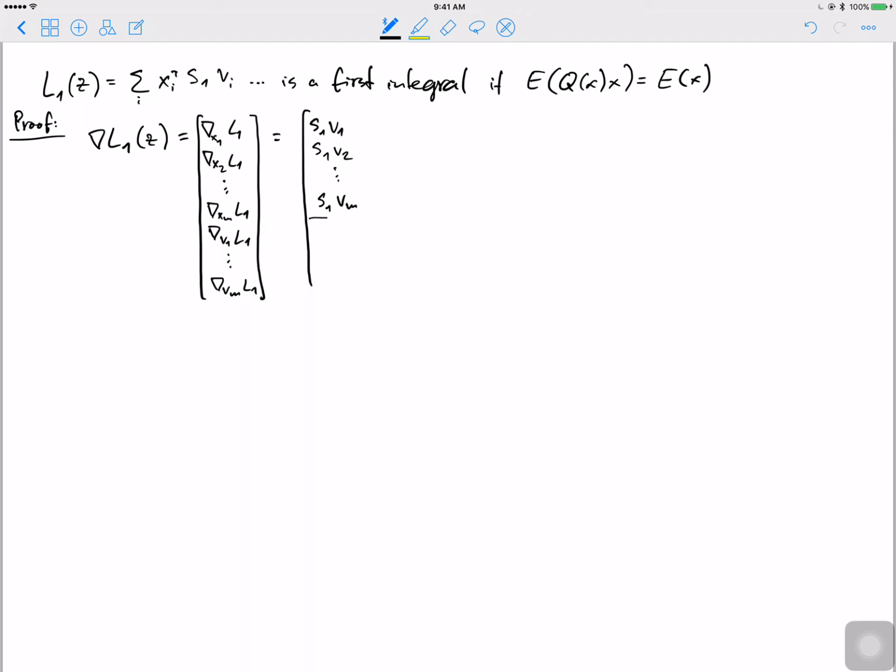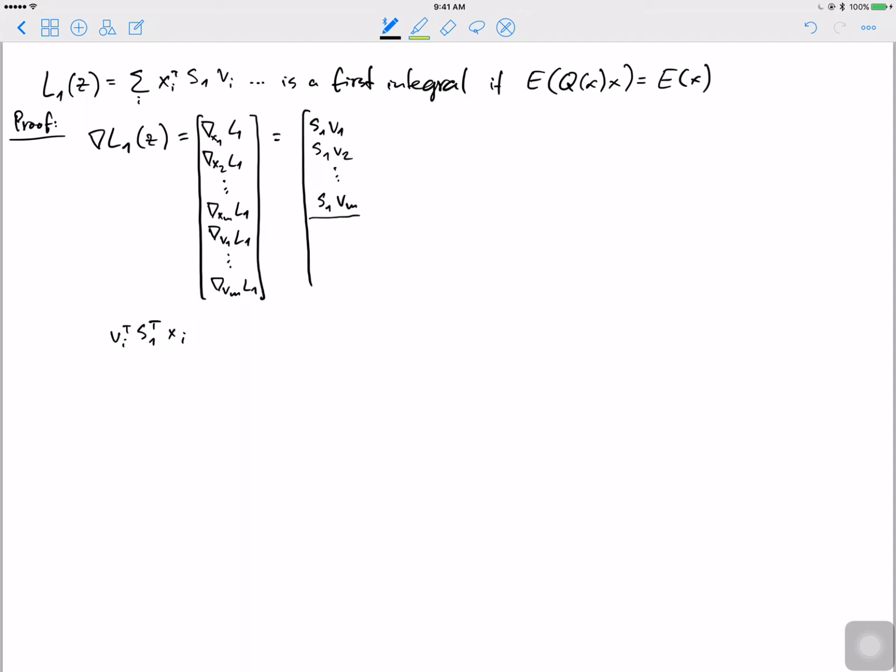So at this point, I'm done differentiating by the positions, and I need to start differentiating by the velocities. That's where it gets slightly tricky, because for that I need to transpose it. I basically need to flip it to the form where I have vi transposed s1 transposed xi, okay?